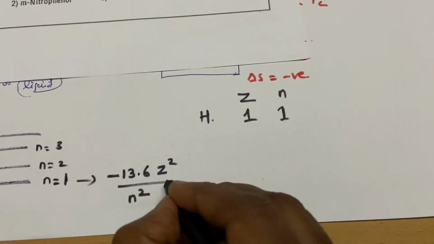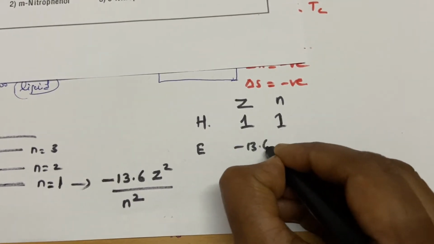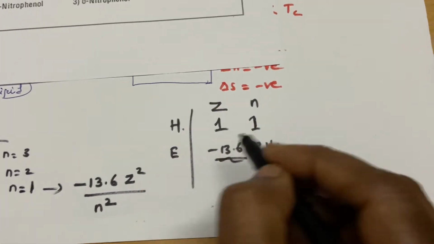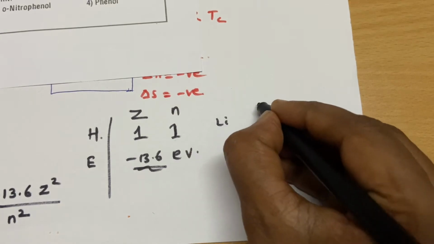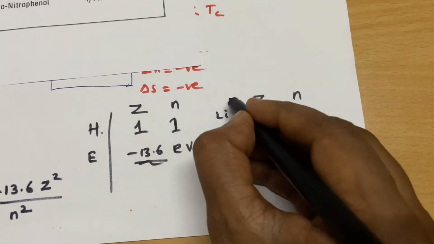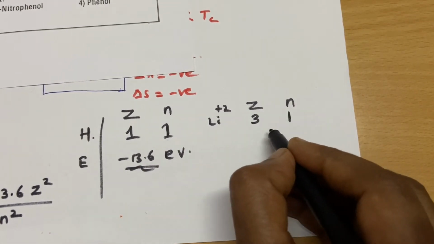While substituting, the energy came out to be minus 13.6 electron volt. For lithium we know the Z value is 3, and it is lithium 2+ ion, so the n value is also 1. We have only 1 electron.